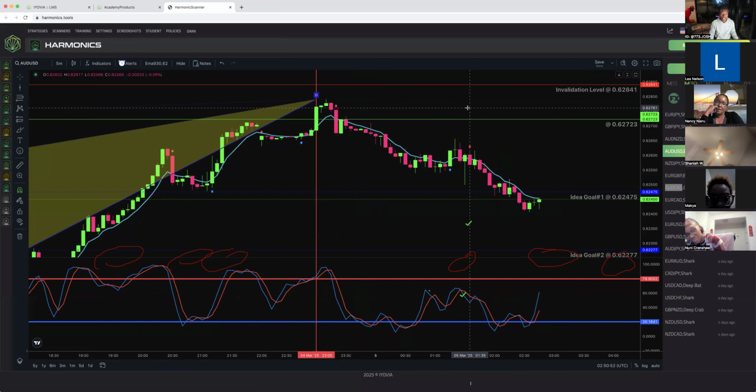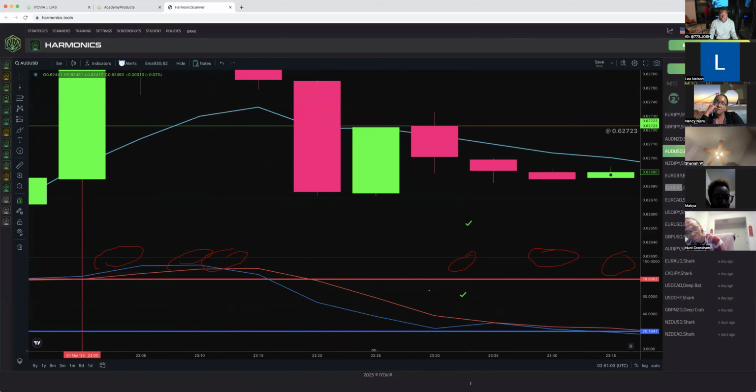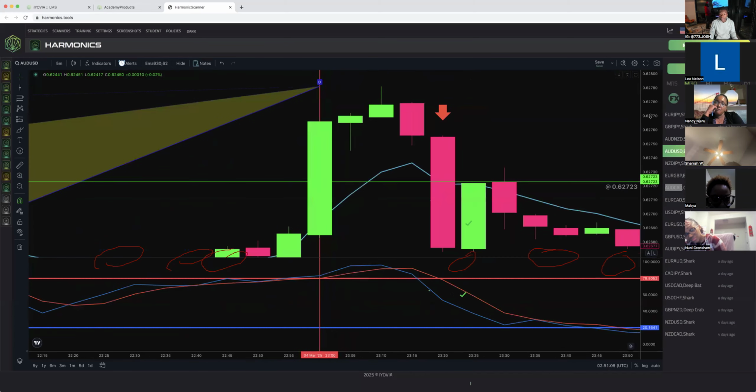So when it comes down to it, you guys, you just need to do this last and final step, and you will be a lot more accurate with the trades that you take. Okay?